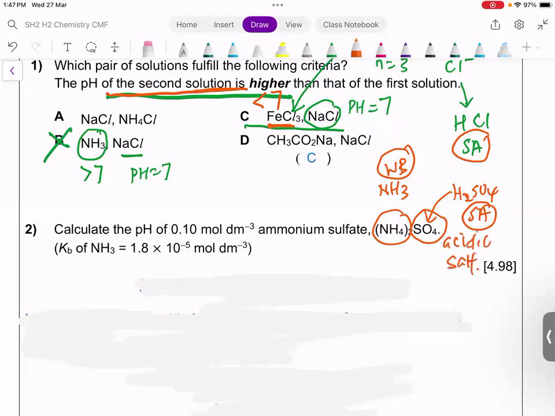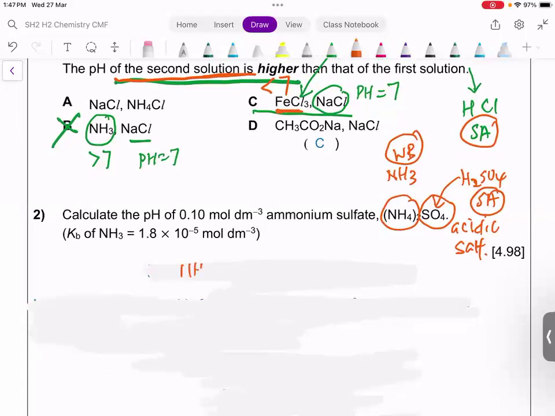So when it undergoes hydrolysis, your ammonium cation will be the one releasing the H+, and the weak base. So this is the hydrolysis reaction. Because of the H+ released, the extent of this hydrolysis is measured by Ka. Are you given Ka in this question? You're not given Ka.